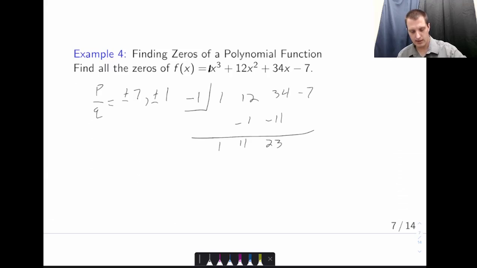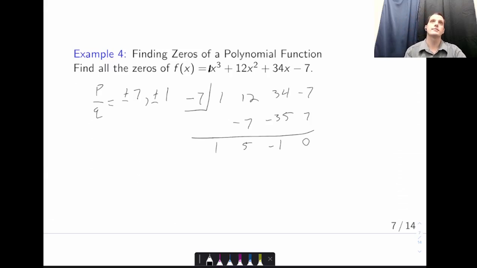All right, let's try -7 instead. So we get a 1, we get a -7. 12 minus 7, I should be able to do that, but I'm not going to, is 5. Okay. 5 times -7 is a -35, which gives me a -1. -7 times -1 gives me a 7, gives me a 0.